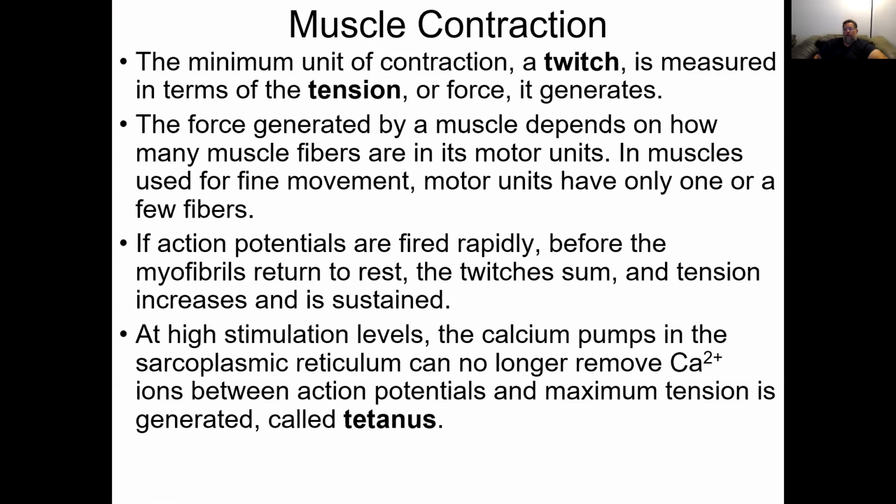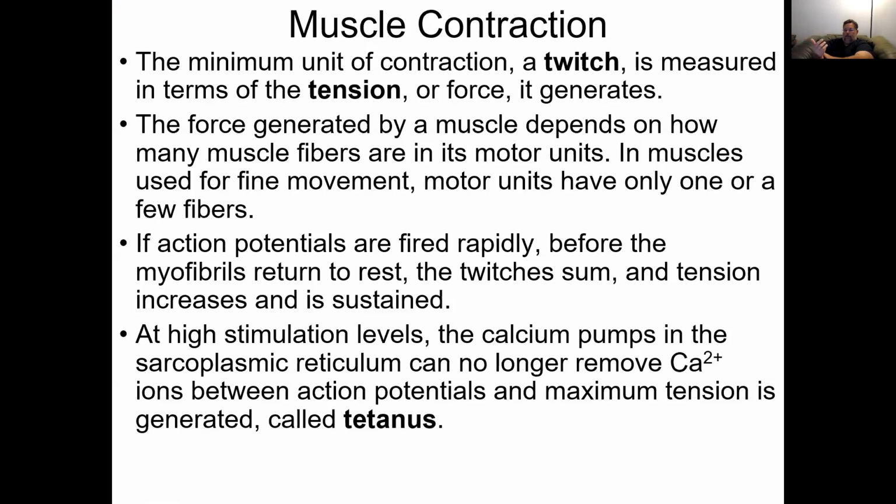The minimum unit of contraction is what we call a twitch. You'll see this when you do your physiograph. A twitch is just a little bit of a contraction, and the tension it generates is a twitch. Again, this tends to be very rapid. So if I was to give an electrical shock to a frog's arm, you would see a twitch.